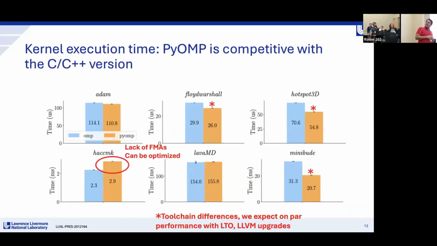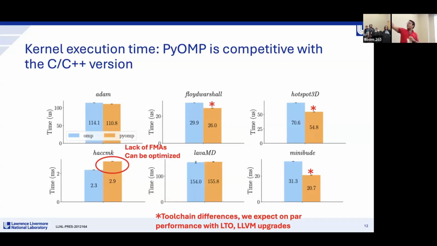So this is the first result: kernel execution time. The big header is that PyOMP is competitive with the C++ version, which was actually a very good result. Initially it was a little bit weird as well. Also, you see the asterisks, which I'm going to explain. On the left side, the blue one is the OpenMP C++ version. On the right side, the orange one is the PyOMP version.